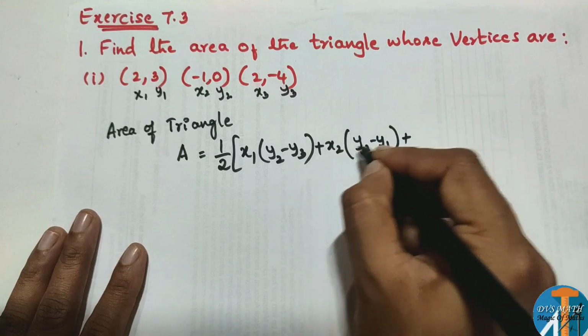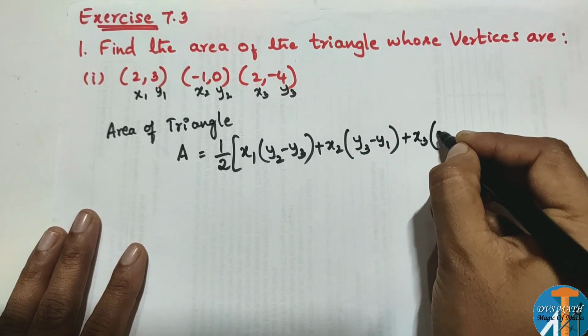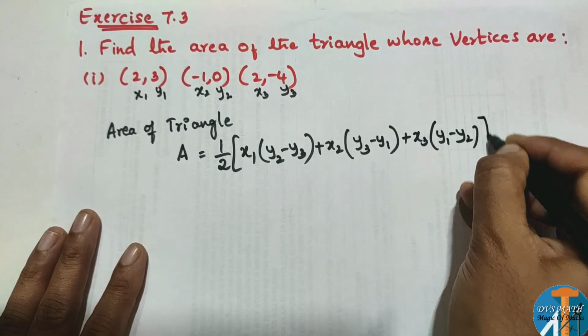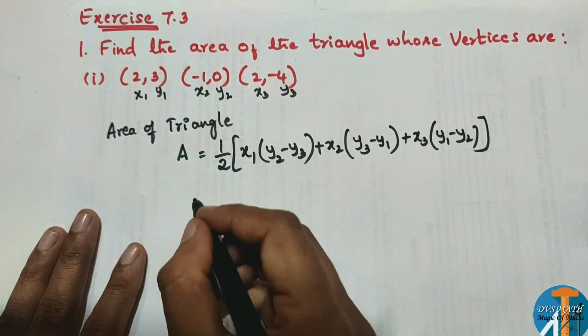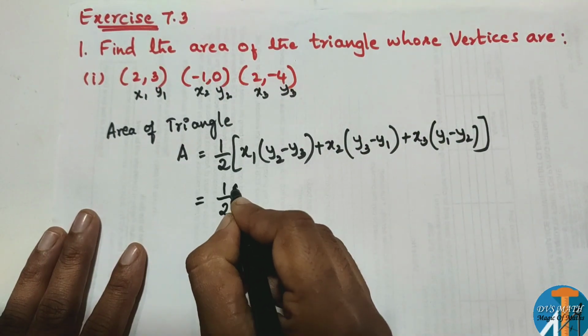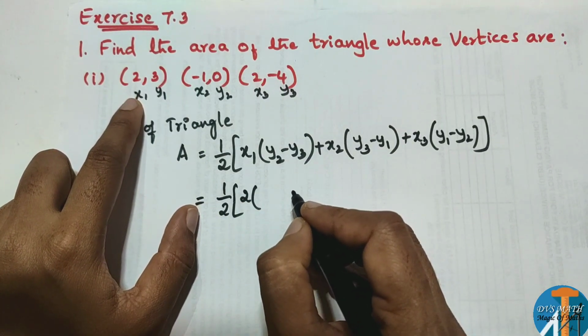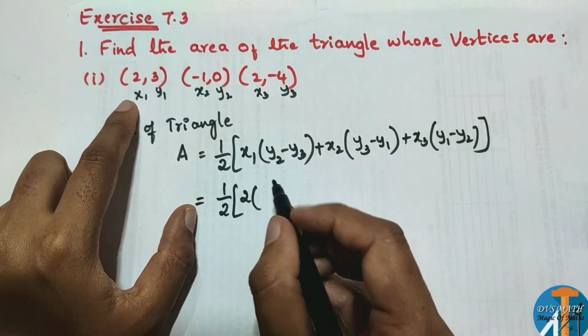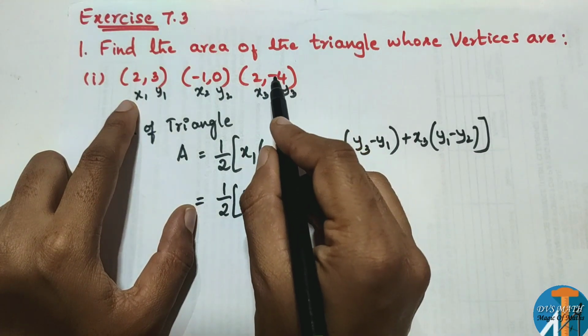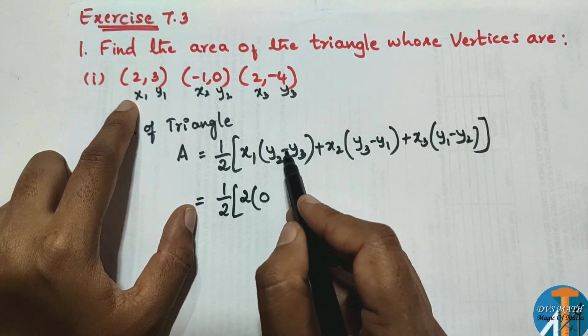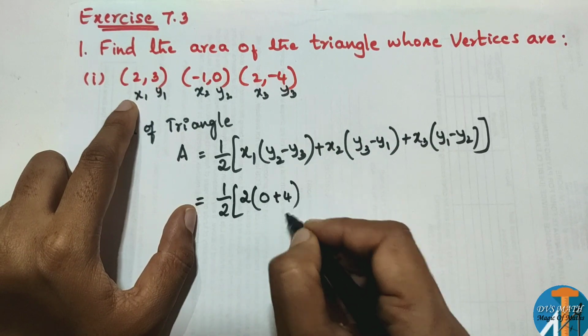Plus, next after x2 you have to consider x3, after 3 comes y1 minus y2. So this is the formula. The only thing is you have to substitute now. Half will be as it is. What is x1? 2. y2 minus y3, that is 0, observe here, 0, y3 you have minus 4. In the equation you have minus into minus, plus 4. Okay, it's clear.